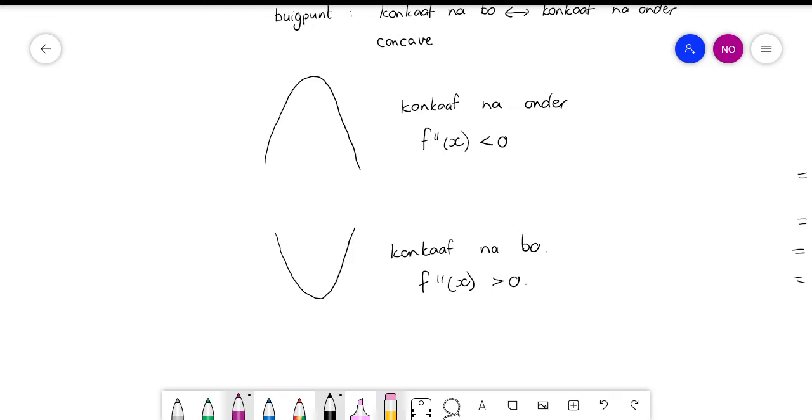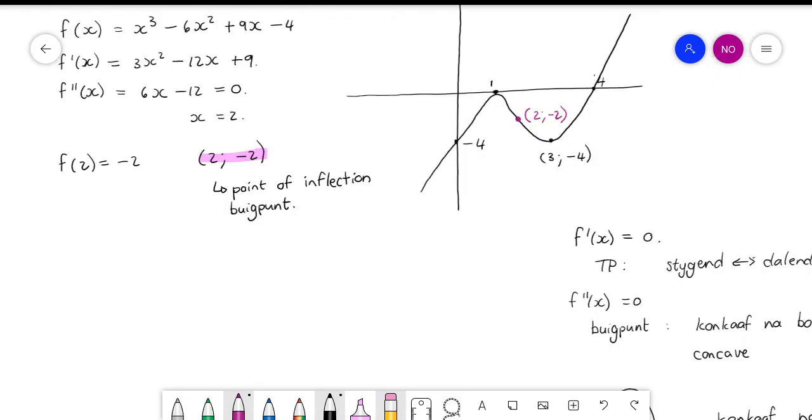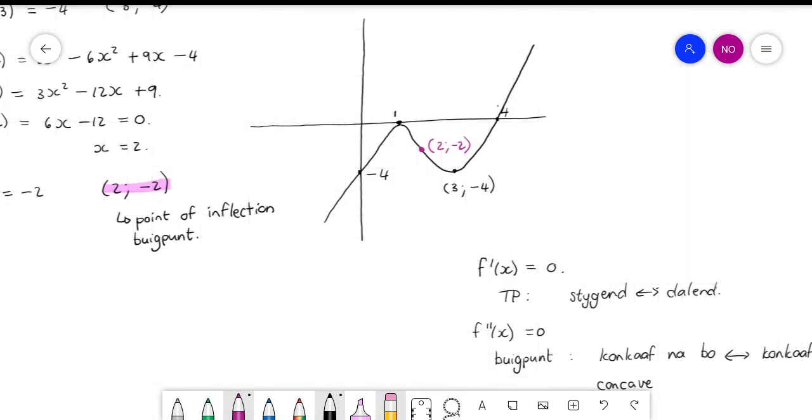Goed, so as ons kyk na een van die grafieke wat ons nou gedoen het. We already did calculating the concavity and I told you guys that the concavity changes at the point of inflection.